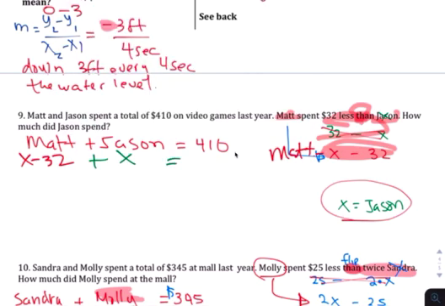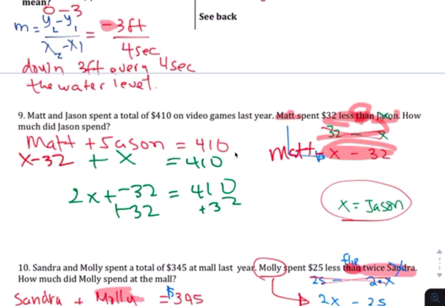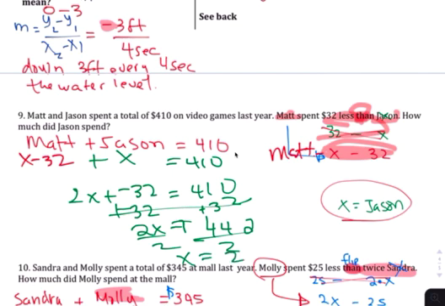Add them together equals 410. 2x plus a negative 32 equals 410. Okay, add 32, divide by 2, x equals 221.